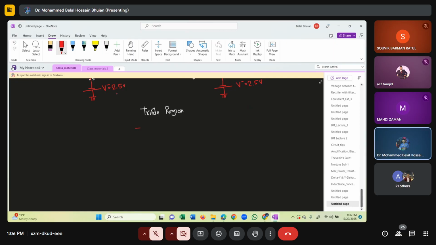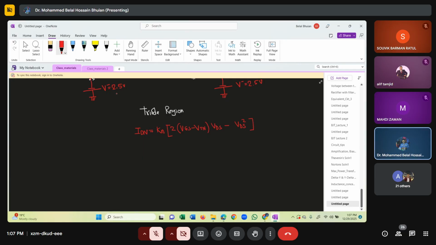IDN equals Kn times VGS minus VTN times VDS minus VDS whole square.